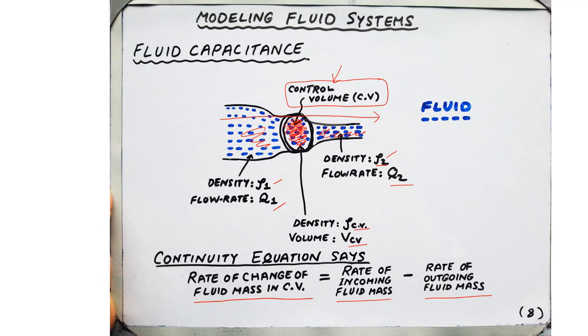So the rate at which the fluid mass is flowing into the control volume and the rate at which the mass is leaving the control volume, and the difference of the two is the rate of change of mass inside the control volume. It is fairly easy to understand.